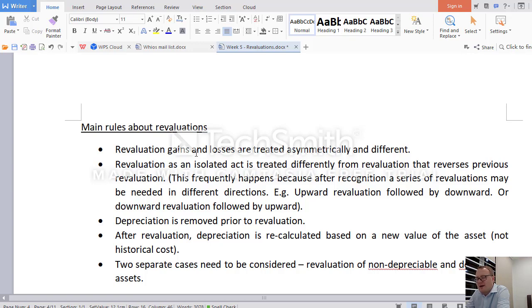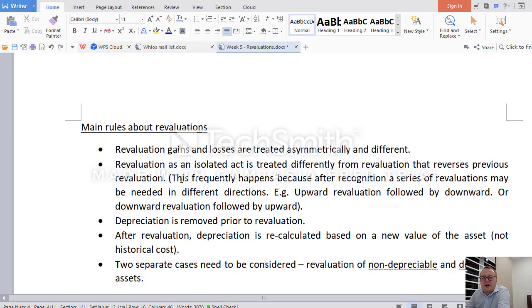However, if you have a gain on revaluation, because it is upward revaluation, this gain does not go to the income statement, but it goes to the statement of other comprehensive income. And this gain will not affect the profit, will not increase the profit. It will be put after you determine the profit. So in other words, losses affect the profit negatively, but gains do not affect profit positively.